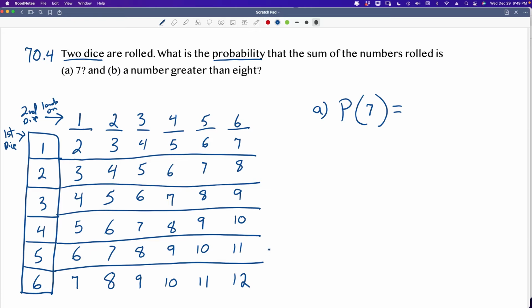So first we have to calculate what our total possible outcomes are. So we have 6 by 6. So 6 times 6 is 36. We have 36 outcomes.